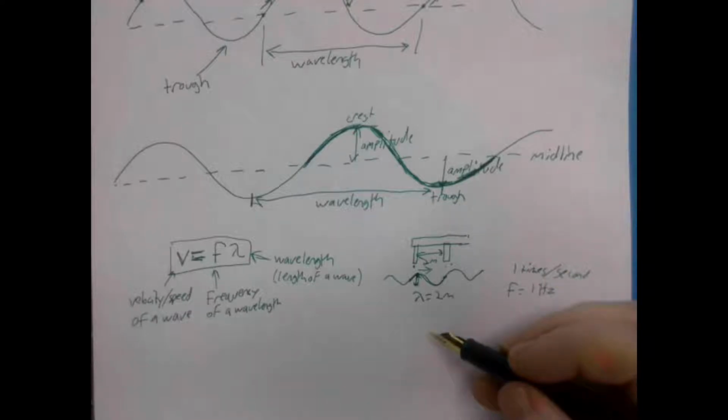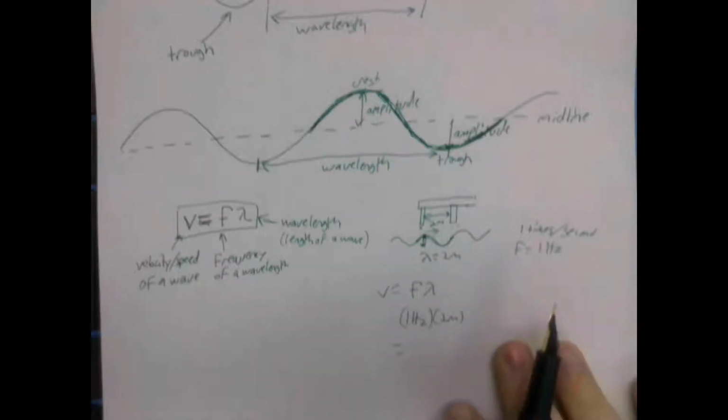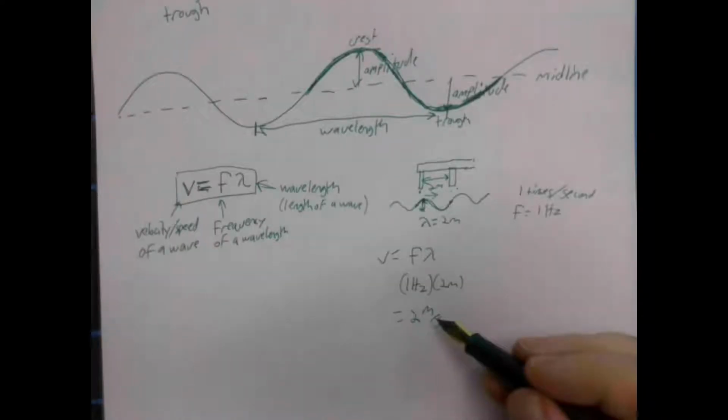You can actually figure out how fast the wave is moving by multiplying the frequency times the wavelength. So 1 hertz times 2 meters would give you 2 meters per second. A hertz is really a per second.